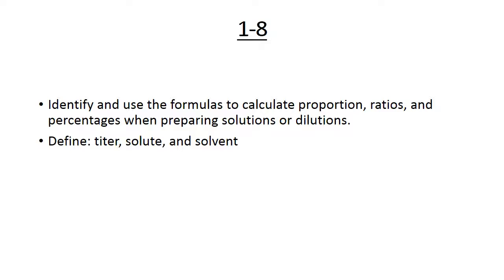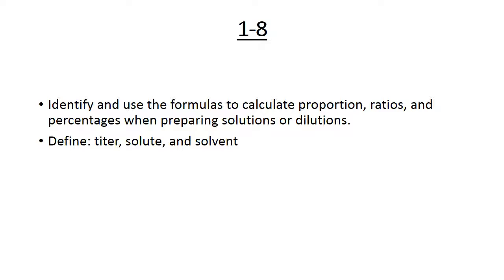So when you're given a ratio, 1 part patient, 9 parts of diluent, that's a 1 to 10. If you had 1 part patient and 14 parts of diluent, that's a 1 to 15. You see where I'm going here? So that's how you would figure out a ratio. If you were given 1 part of this, 9 parts of that, it's going to be a 1 to 10, 10 making up the whole.